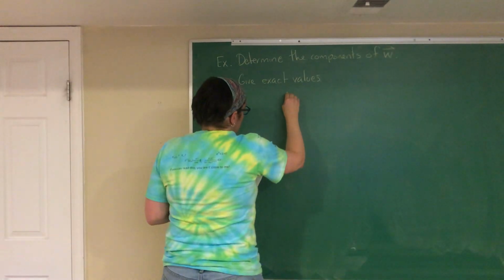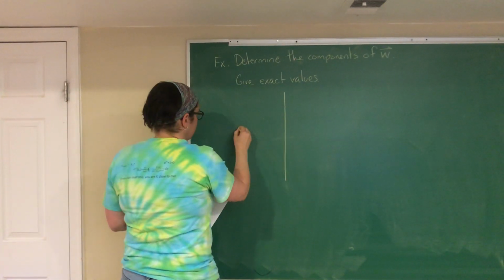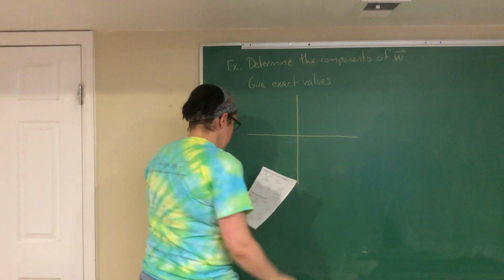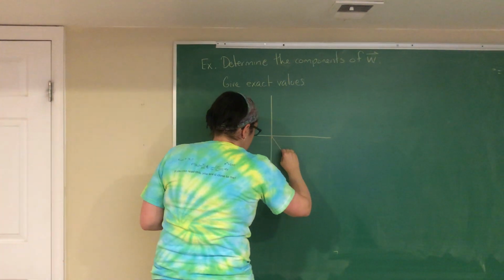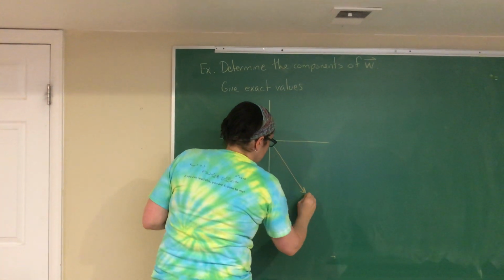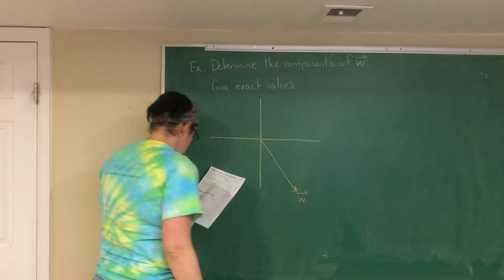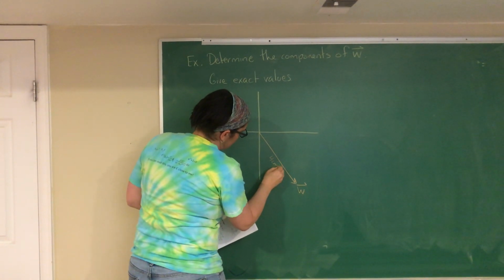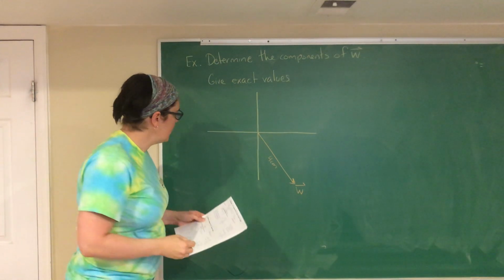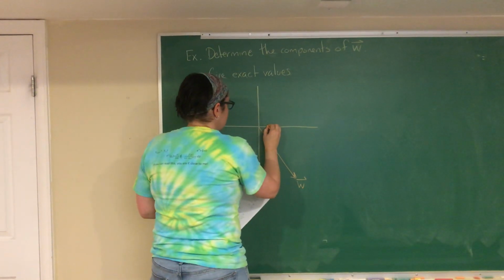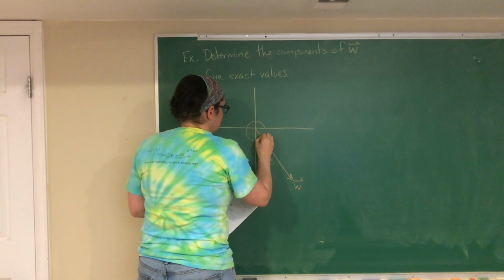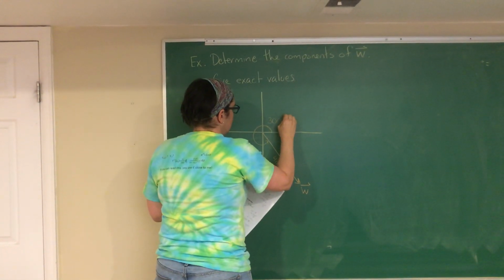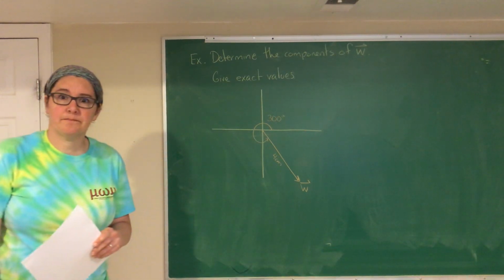All right, now here's our picture that we are given. We are given a vector w, and this vector lives in quadrant 4, and we have a measurement of 4 centimeters for the length of our vector, and we are told that the direction angle is an angle of 300 degrees.